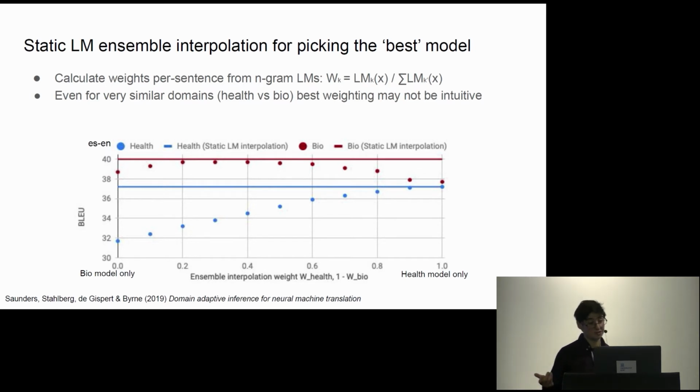For the health dataset, the best thing to do was always use the health model. Fair enough. For the biomedical sciences dataset, which is a subtly different domain, the best thing to do was actually a kind of midway weighting between the two. But if you just use the simple heuristic on a per sentence basis, you actually outperformed anything we found during grid search.